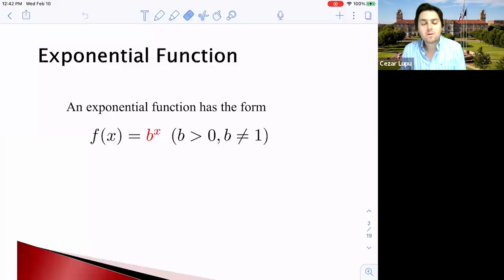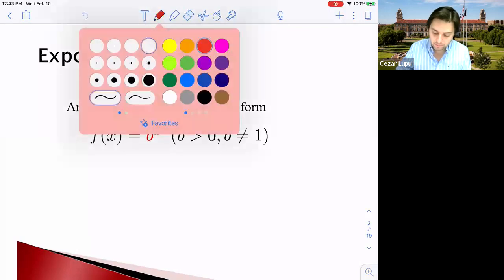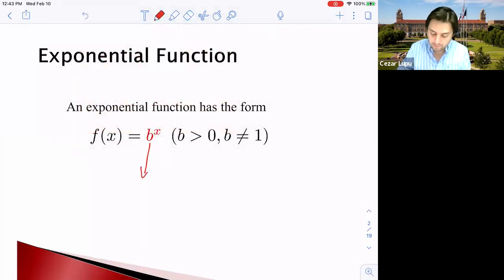So f of x is b to the power x for b positive, and of course it has to be different than 1, because if it's 1, then the function is 1, so there is nothing to talk about. So this would be what we'll call the base. And this is what we will call the exponent.